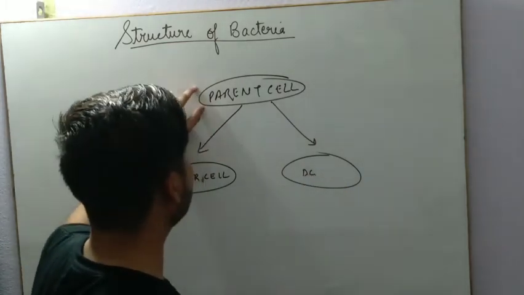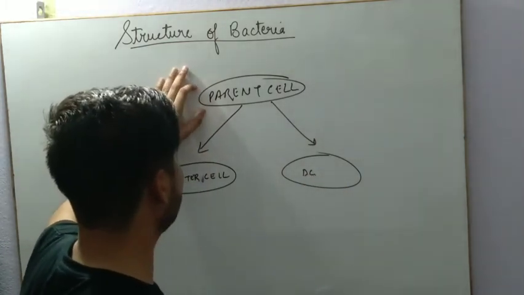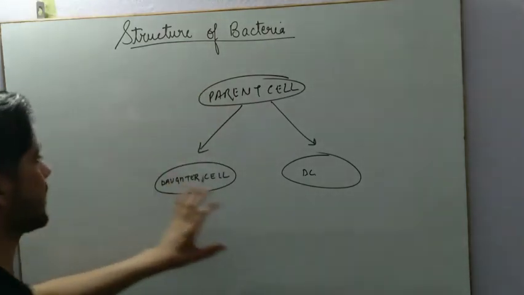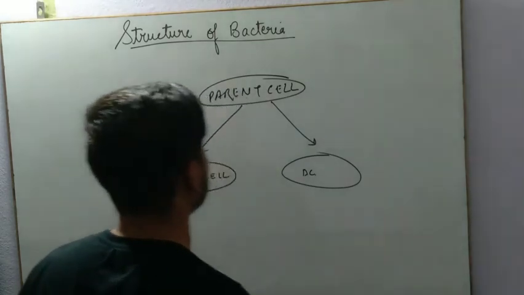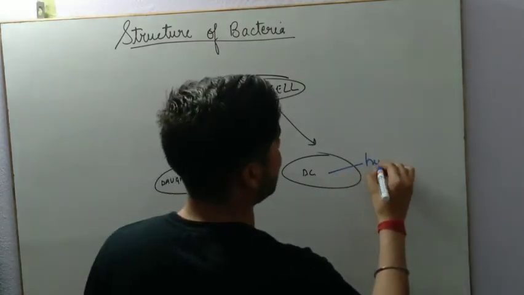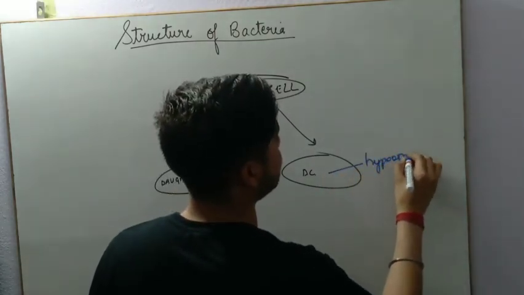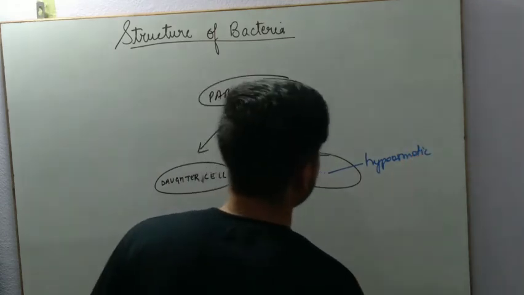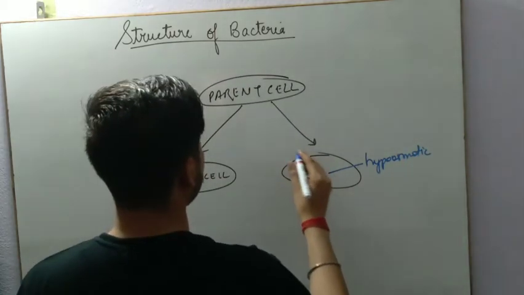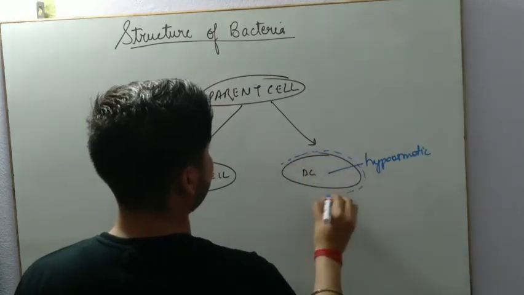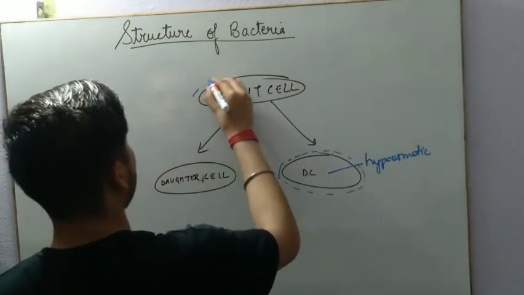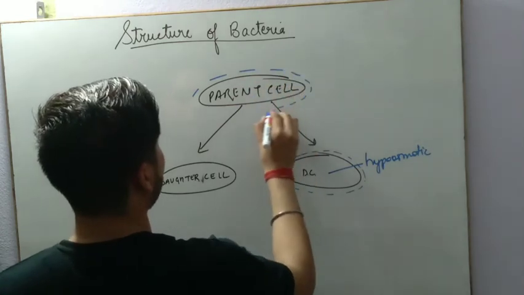When they start to form a new daughter cell, the fluid inside is not hyperosmotic, it is hypoosmotic, and the cell wall outside the cell membrane is not fully formed.